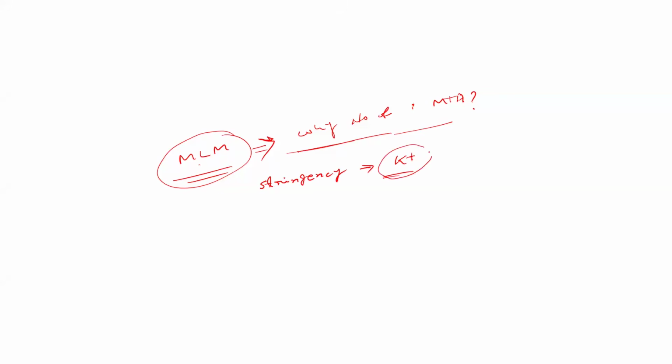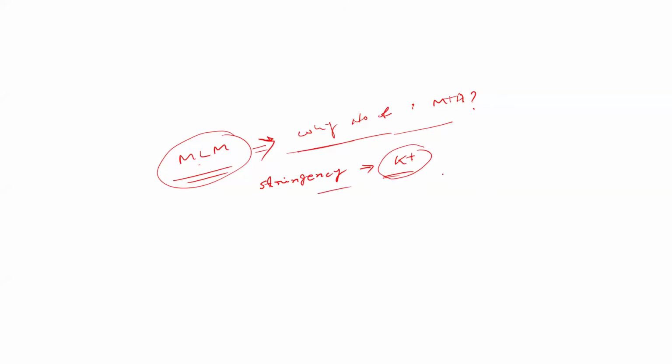In MLM, why is the false negative more, and why is the number of identified MTAs or significant SNPs low, you should know. Here the first important term is the stringency. Stringency is very high because here kinship is included.